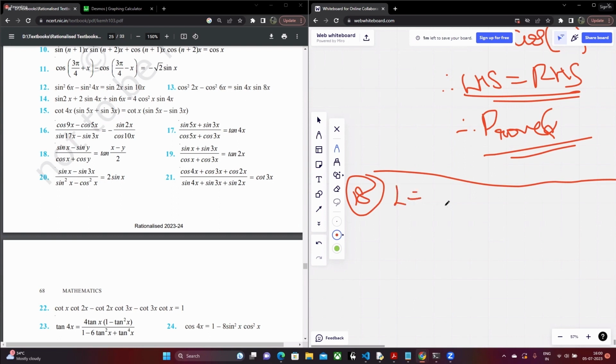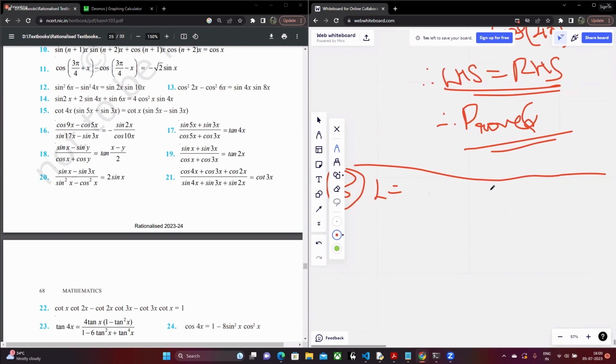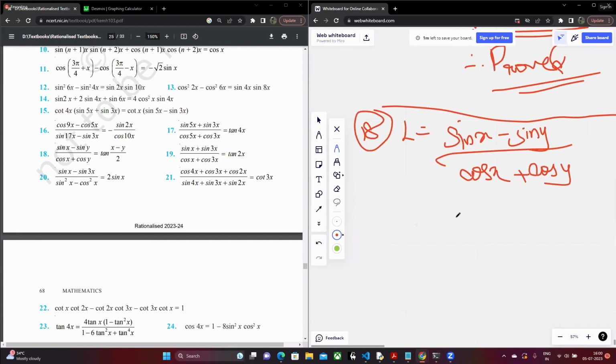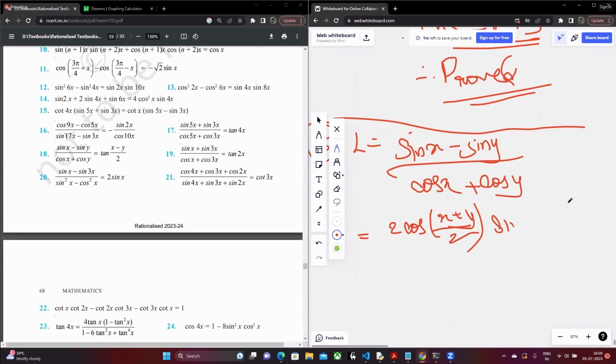So again, taking LHS because the right hand side is fairly simple. LHS is going to be equal to sin x minus sin y divided by cos x plus cos y. This is the formula: sin A minus sin B is going to be 2 cos of (x plus y) by 2 into sine of (x minus y) by 2, whole divided by cos x plus cos y.